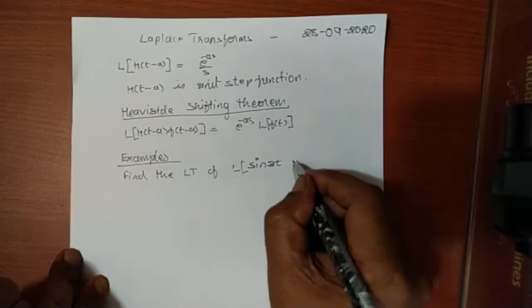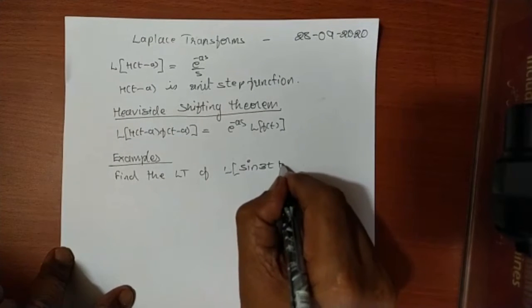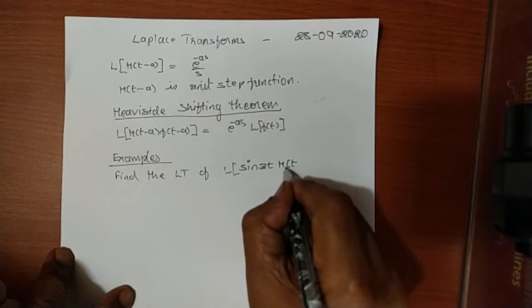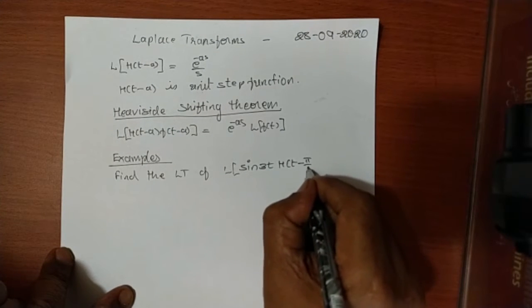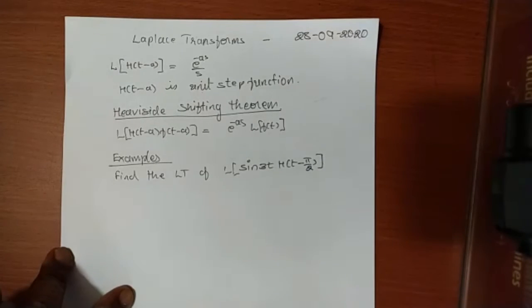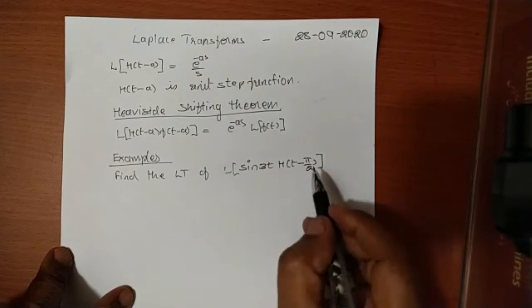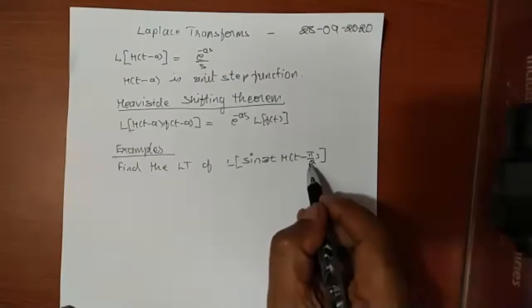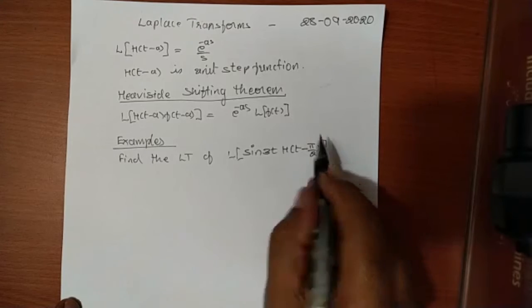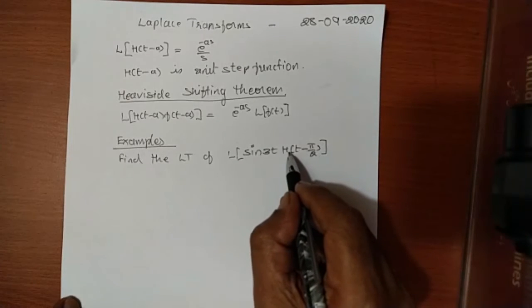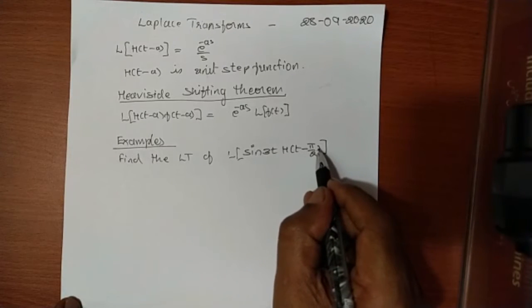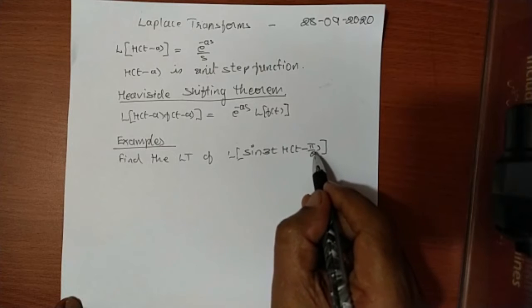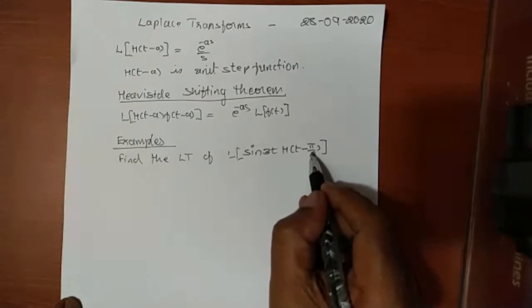I think we have solved the sine 3t problem. Instead of h of t minus pi, I consider h of t minus pi by 2. That means the unit step function jumps to unity at t equal to pi by 2. In the previous problem, h of t minus pi was considered, so the changing point was at pi. Now it is at pi by 2.